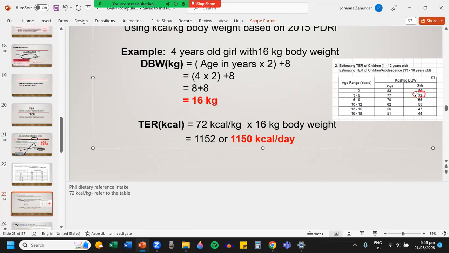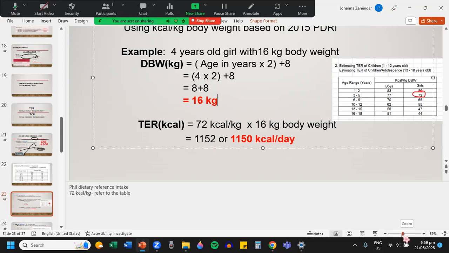So this is what you're going to use in computing the TER. We have 16 times 72, which brings you to an answer of 1,152 kilocalories per day, or simply round it down to 1,150 kilocalories per day. So you have to make use of the table for this one.